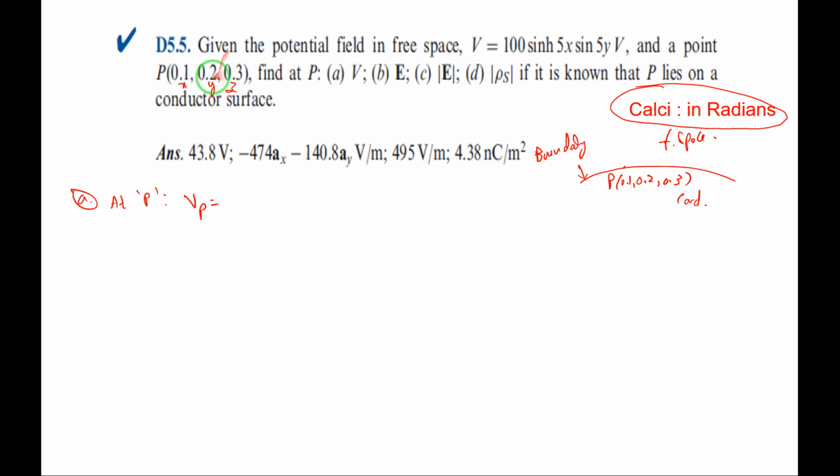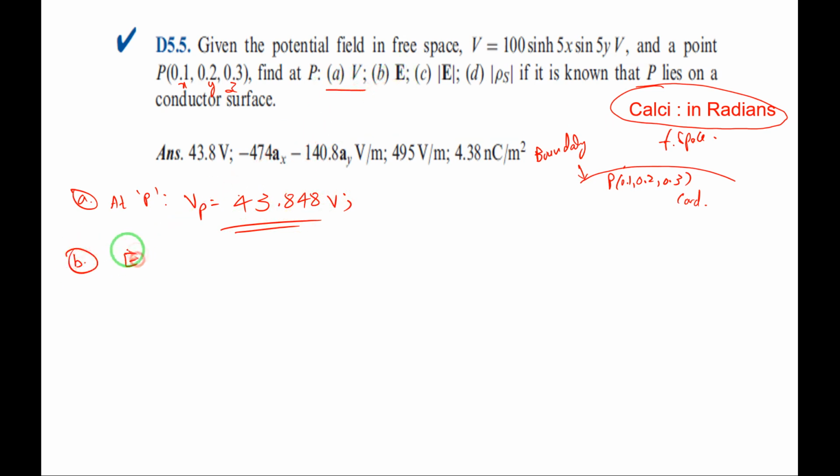Y is 0.2. After substitution, keep your calculator in radians mode and calculate. I'm getting it as 43.848 volts. Over.